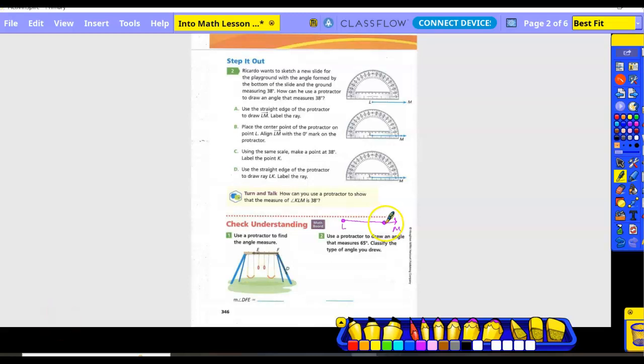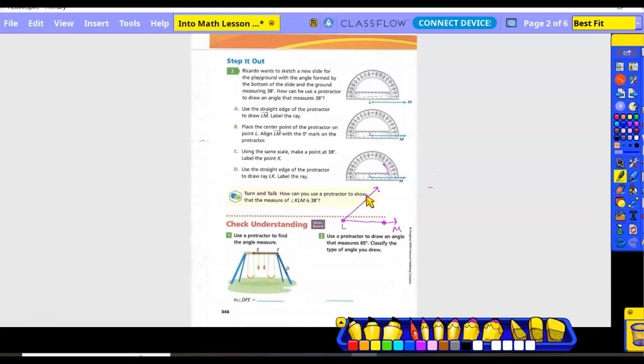Like I said, I can't put the protractor up here, so I showed you guys under the elbow how to do it with a piece of paper. Then I used my protractor, and I went up this way a little bit to find 38, marked it with a little tack mark, then took my protractor and used the straight edge again, and drew my other ray coming through it.